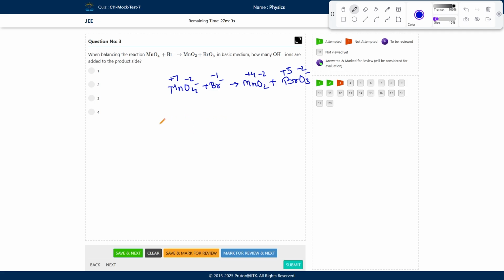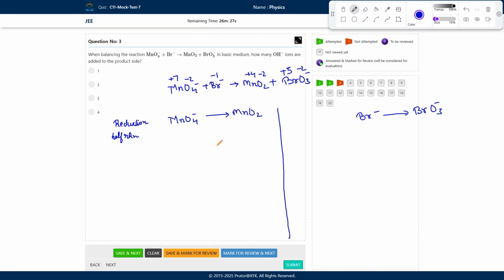So let us write each of these half reactions. First of all, I will write the reduction half reaction: MnO4 minus giving MnO2. Here Br minus is giving BrO3 minus. Now there is a very tricky part in it.